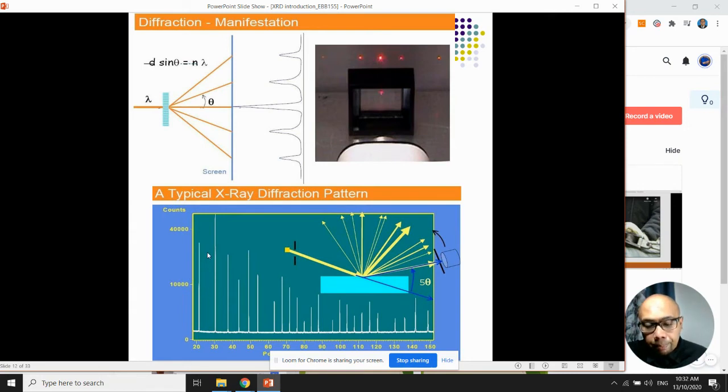To identify which peak belongs to which compound, we need to use the Hanawalt method, and later you will see a demo of how we use computerized programs like EVA 15 and Expert Score Plus to identify each phase or compound present in the materials.